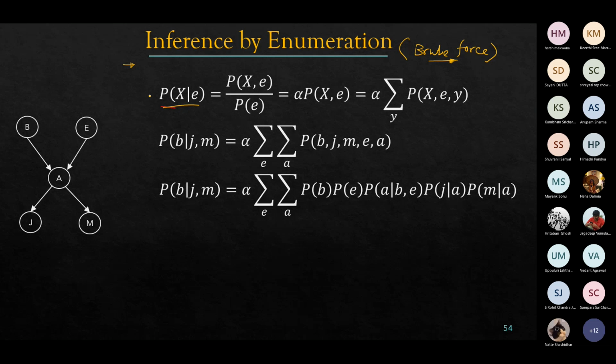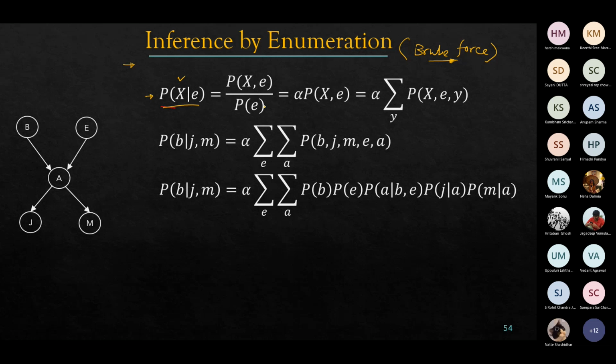Now, this conditional probability is something that we want to compute: probability X given E, where X is the query variable and E is the evidence variable. How do we compute that? We compute the joint distribution of X and E and normalize that by P of E. This is the definition of probability X given E, right?